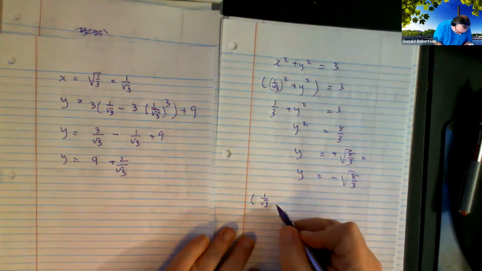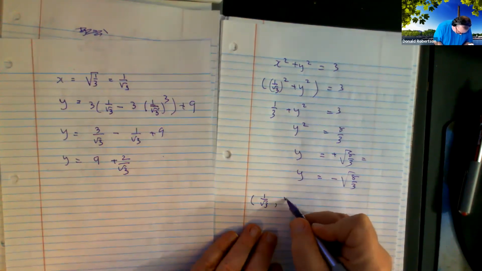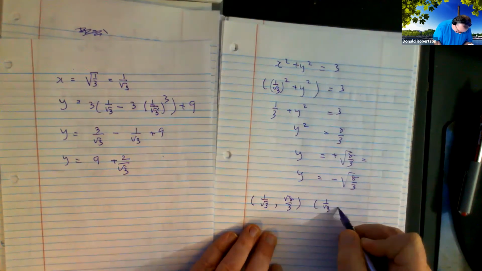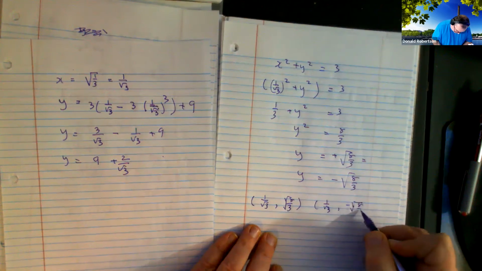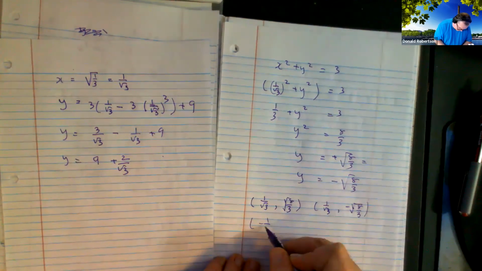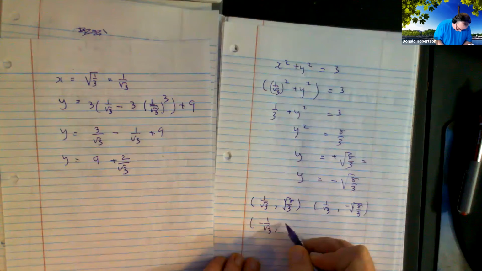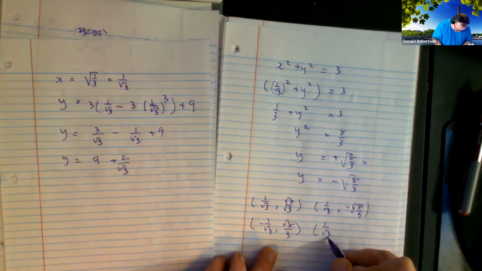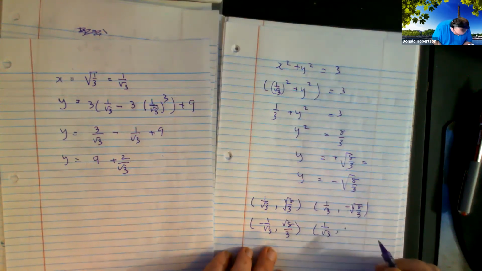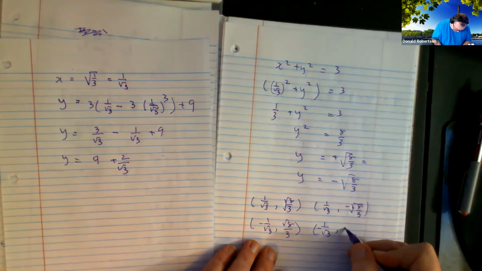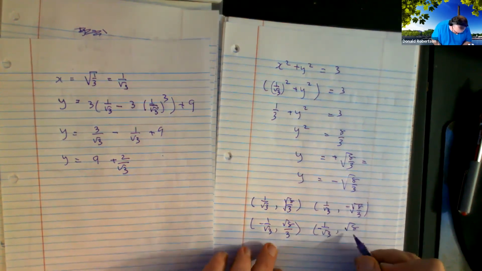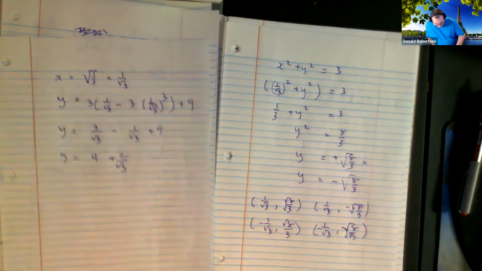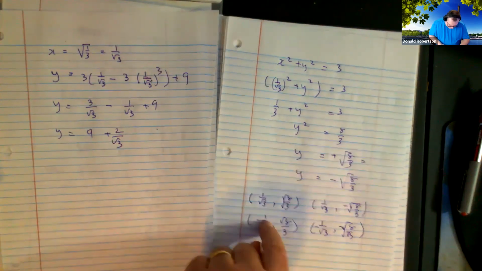And the y values are that one, that one, that one, and finally, I should have had the minus, there we go, and finally this one. We've got all combinations, right? Sorry about the mess. These are points on the curve.